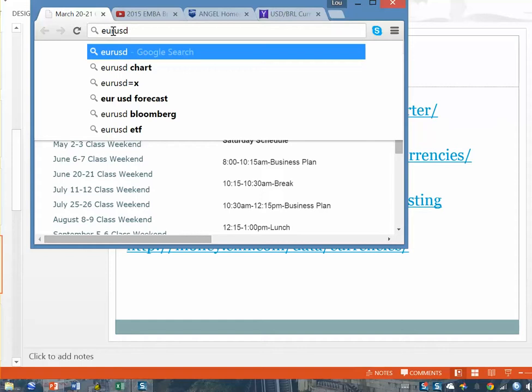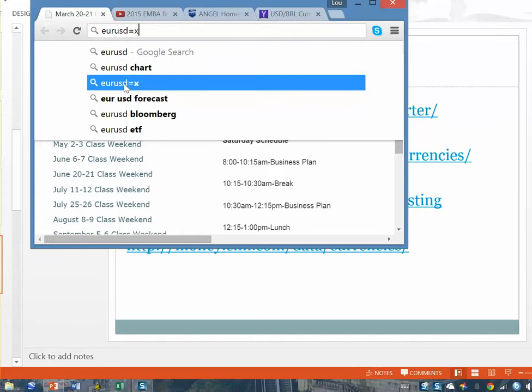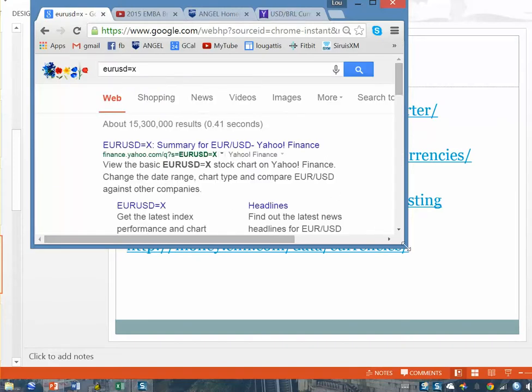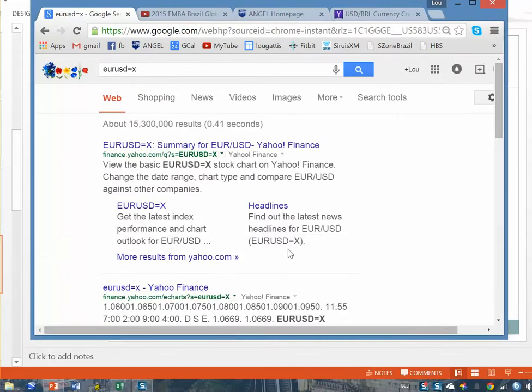EUR is the currency code for euro, and USD, and you'll see either I can click on it here, or usually I can see something that says chart or something like that, and you can get a quick quote for that currency.